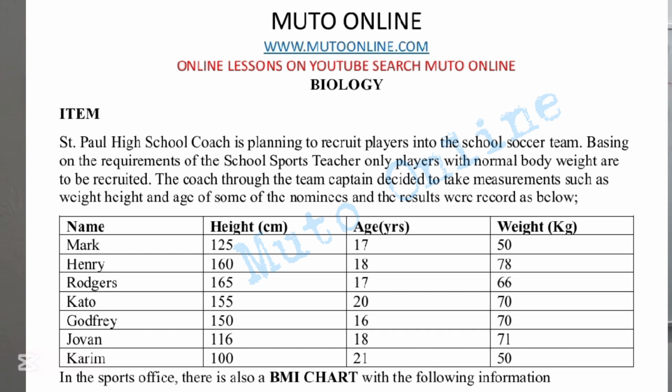St. Paul High School coach is planning to recruit players into the school soccer team. Basing on the requirements of the school sports teacher, only players of normal body weight are to be recruited.